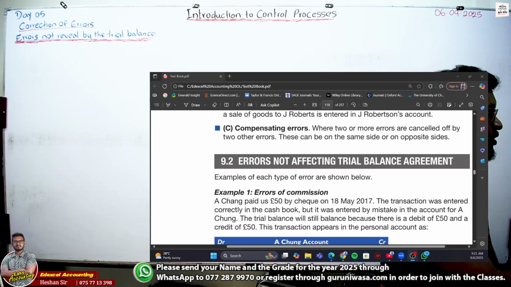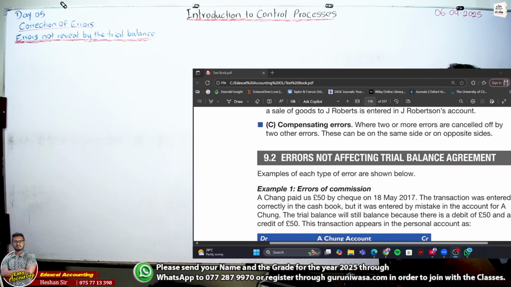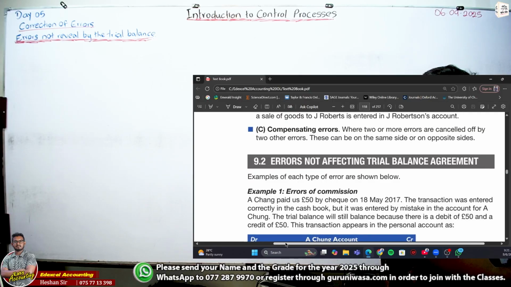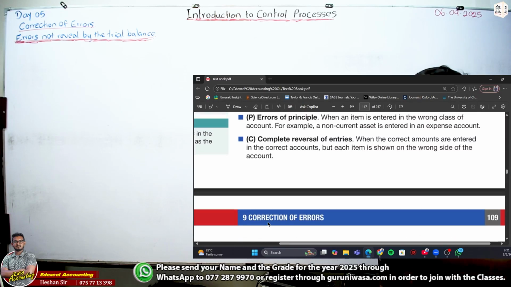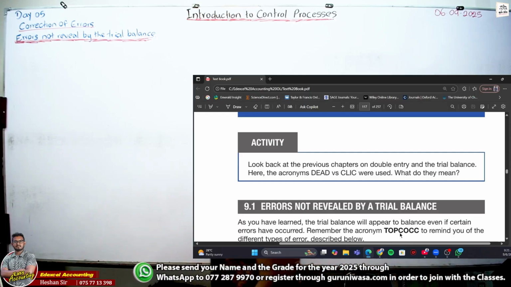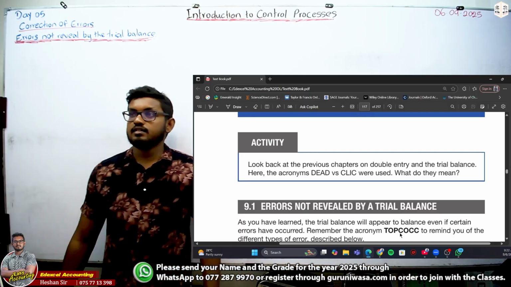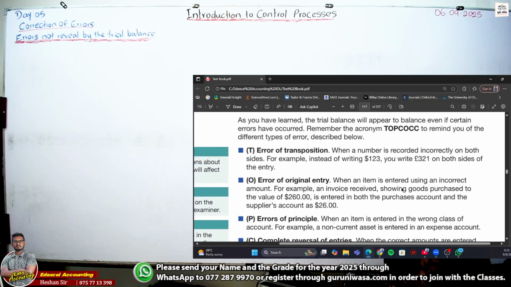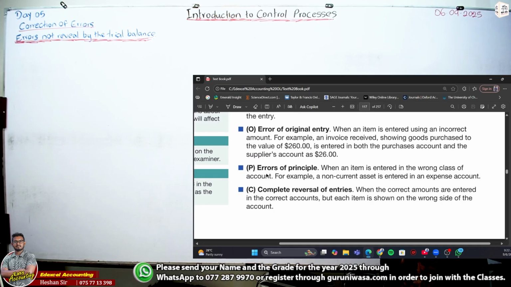So again, I thought of doing this a little bit again because it will help you as well, right? We discussed TOP TOC, right? These are the errors not revealed by the trial balance. T means transposition error, O means original entry.